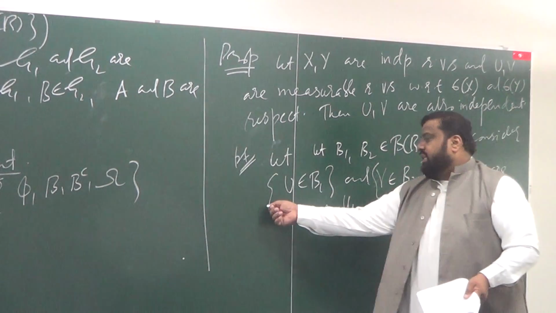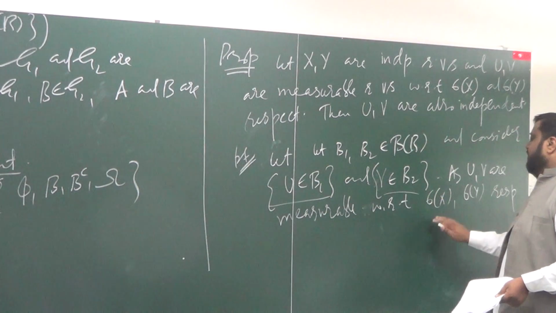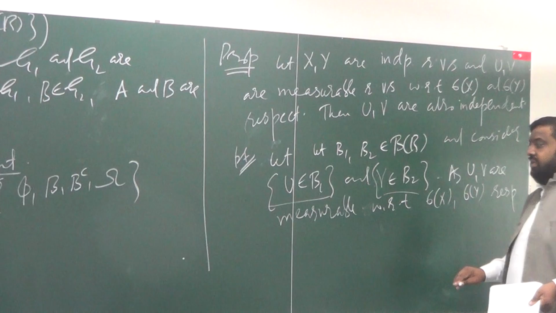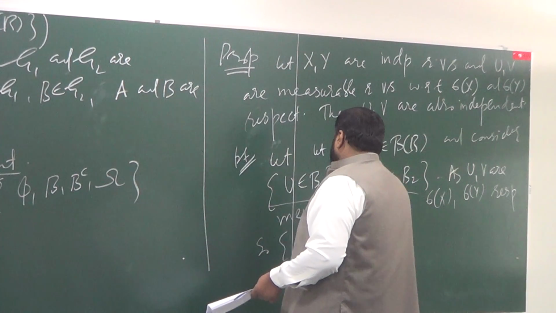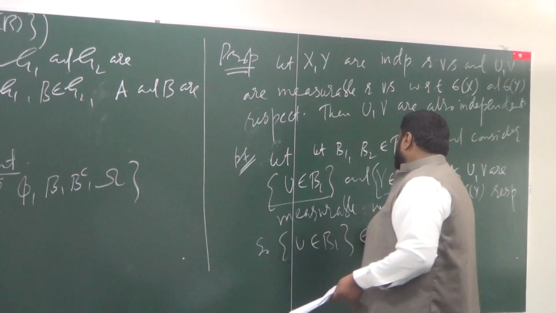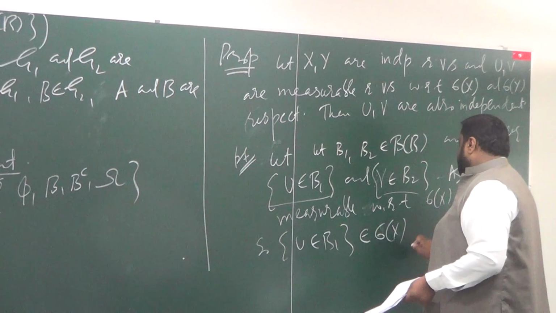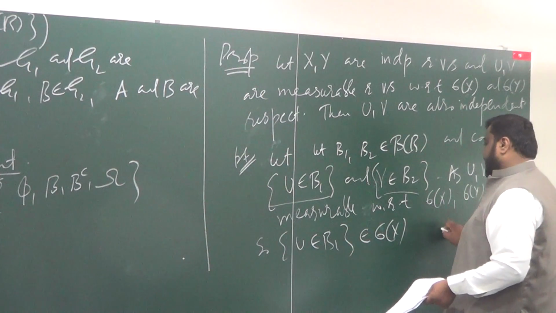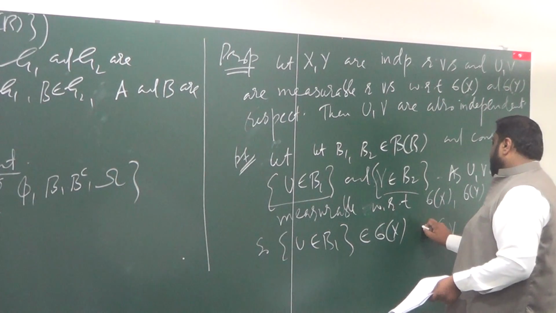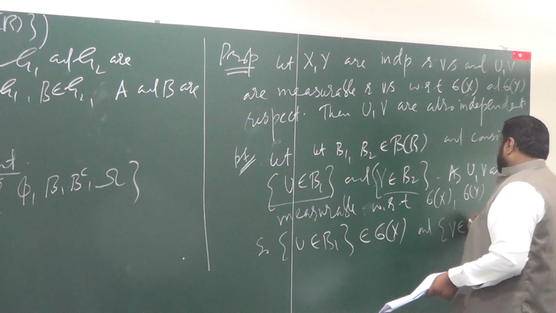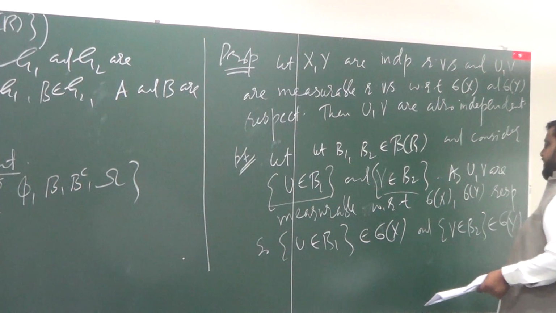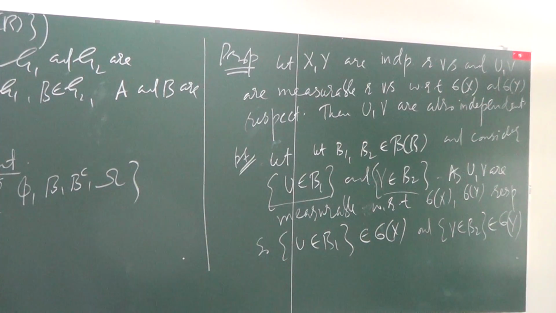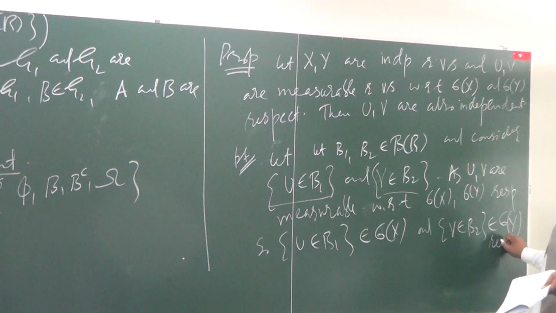This means that these two sets must belong to the respective sigma fields. So {u in B1} belongs to the sigma field generated by X, and {v in B2} must belong to the sigma field generated by Y. Okay? Respectively.